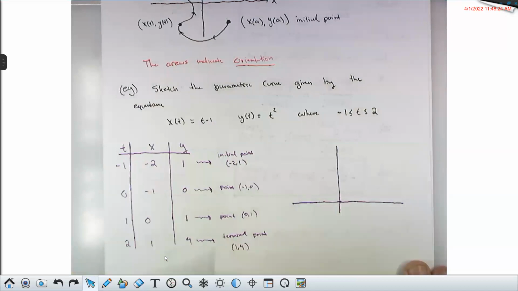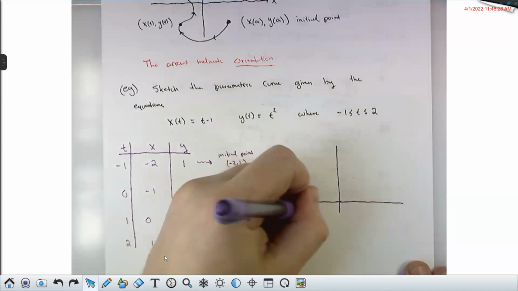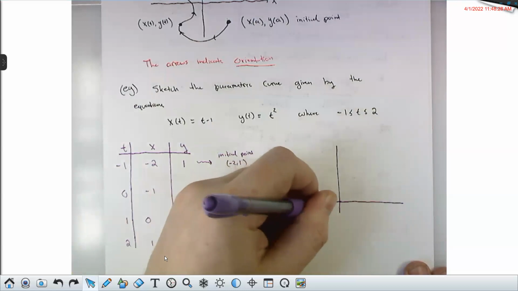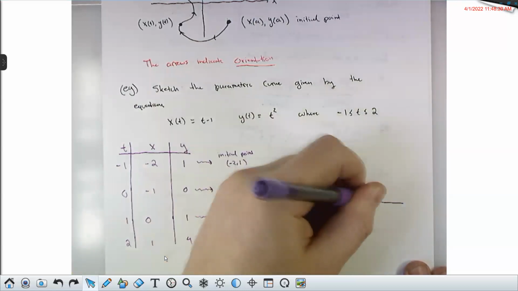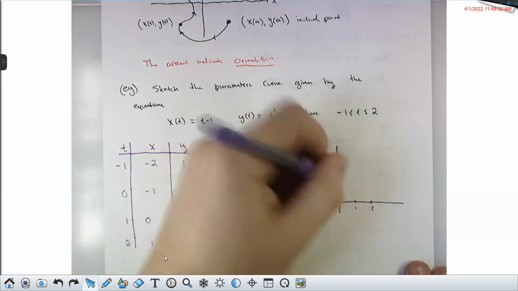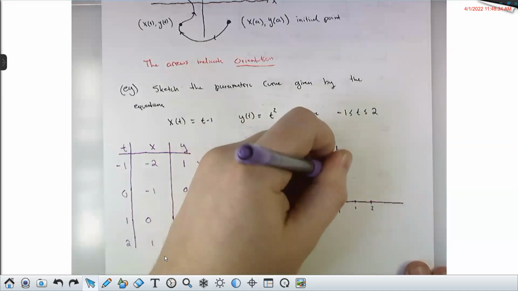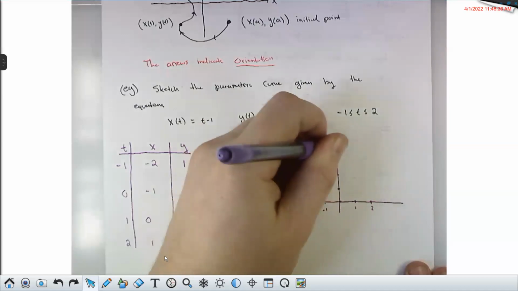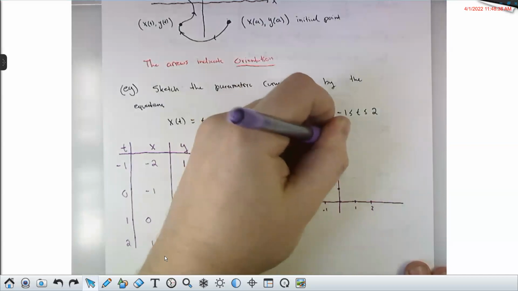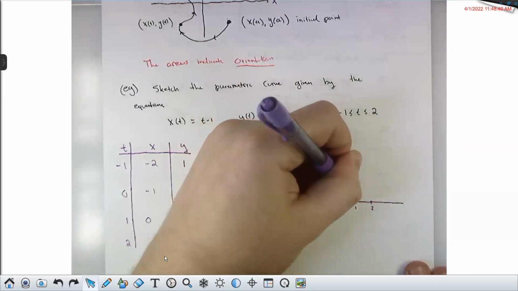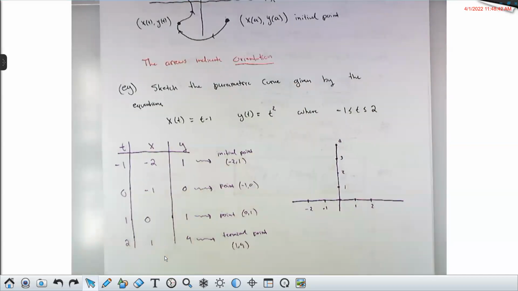I'll mark, let's say, -2, -1, 1, 2. We go 1, 2, 3, 4. I know my initial point is the point (-2, 1).